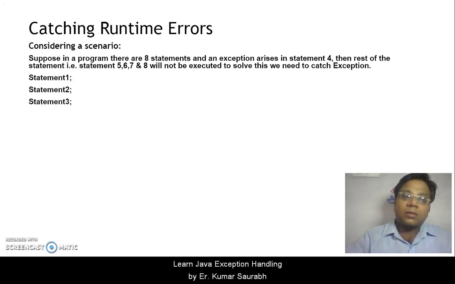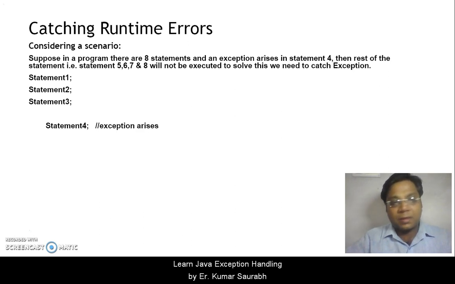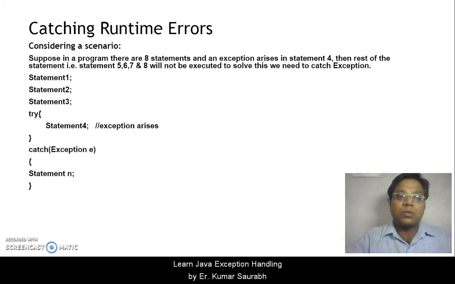Now, statements 1, 2, 3 will run completely, no problems at all. In statement number 4, an exception arises. If we put statement number 4 inside a try block, then the exception will be caught by the catch block, and whatever statements we write inside the catch will be executed.